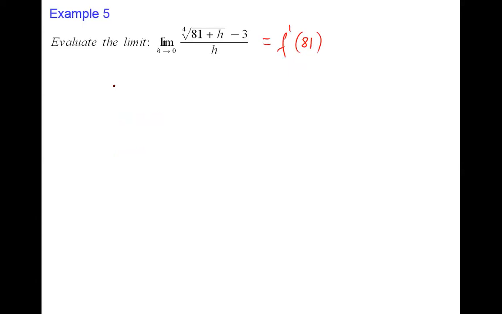And now, another crucial thing, what is actually the function that we're looking for? The fourth root of x. Excellent. Fourth root of that quantity. That means this theoretically is supposed to be f of 81, which is the fourth root of 81, and I believe it is 3.